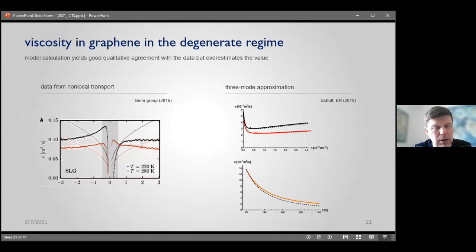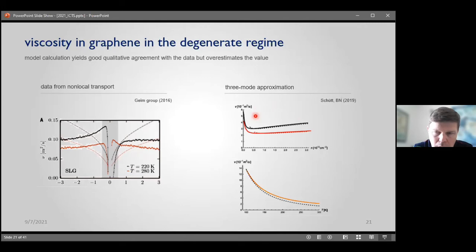Now, viscosity in graphene, at least in doped graphene, was measured in the measurements of non-local transport, and the values are shown here, so that the kinematic viscosity is more or less 0.1, depending on the temperature and density in your graphene.